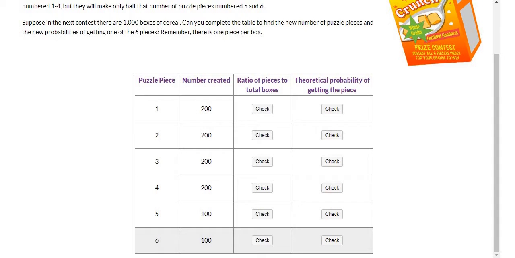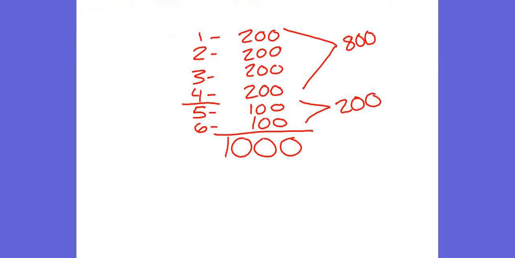Now, we need to look at the ratio of number of pieces to total number of boxes. Well, puzzle piece 1, how many pieces did it have? 200. How many total pieces? 1,000. Can that ratio simplify?